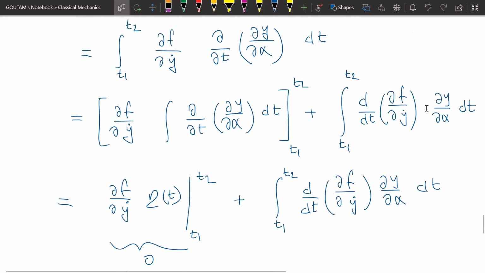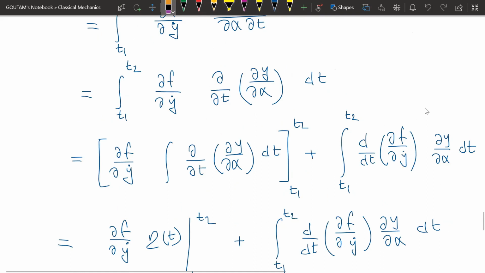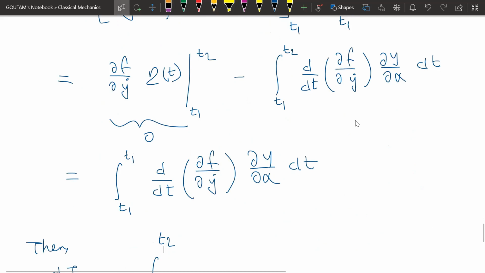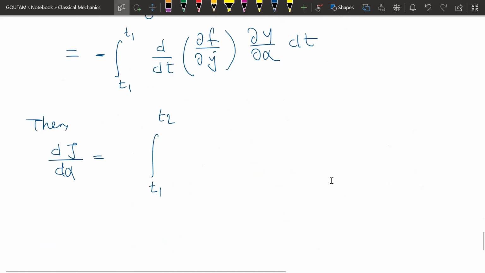In the partial integration, we will have a minus sign. This first function stays intact and we integrate the other, then the derivative of the first function and then the integration and dt. So there will be a minus sign in between. That's how partial integration is done. Sorry, so the minus sign will be here.